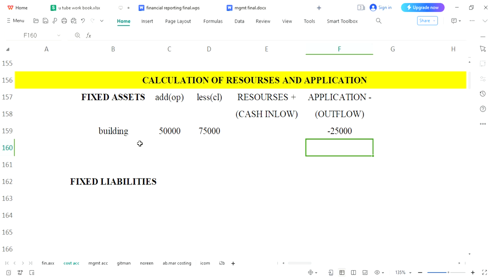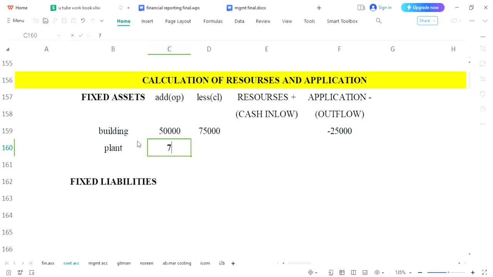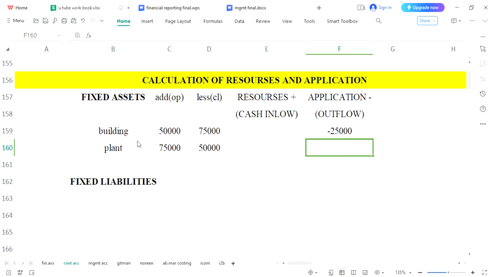On the other hand, it may be possible, let's say you have plant, and plant is 75,000 opening and 50,000 closing. Similarly, you will see the signs. Opening had a plus sign, closing had a minus sign.